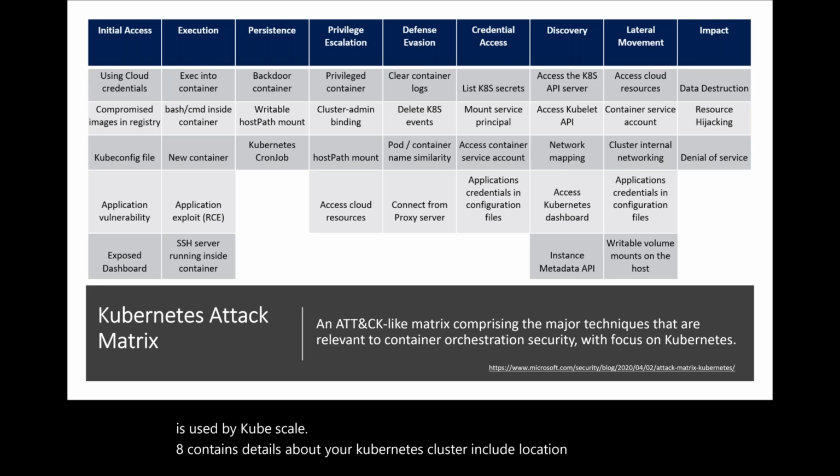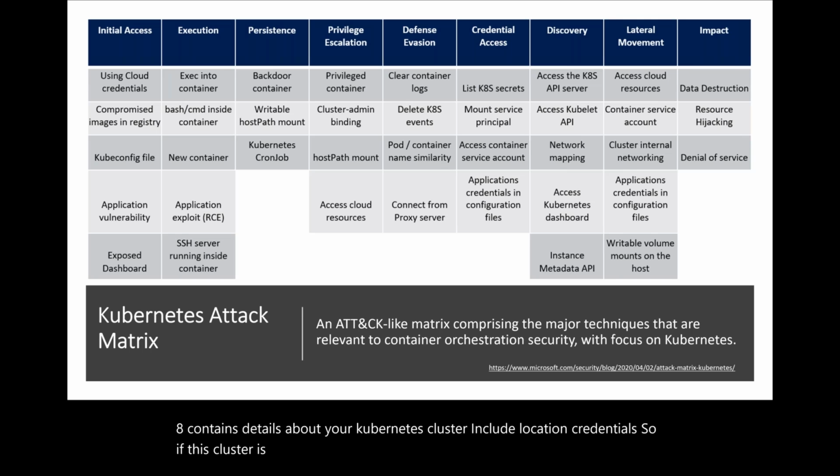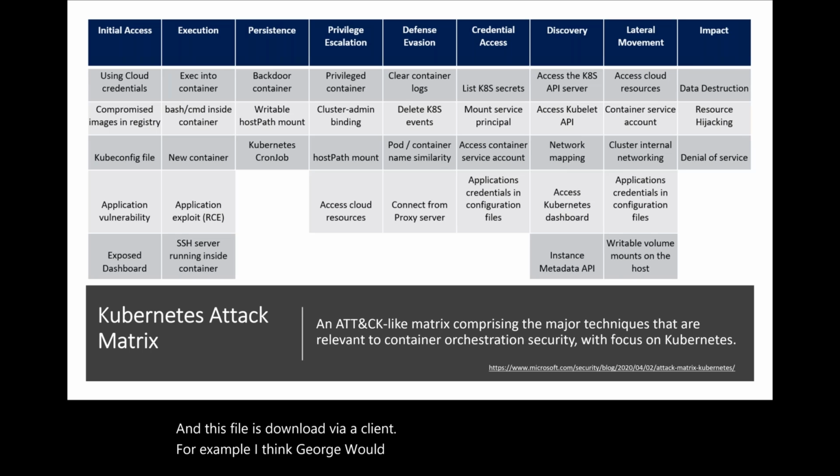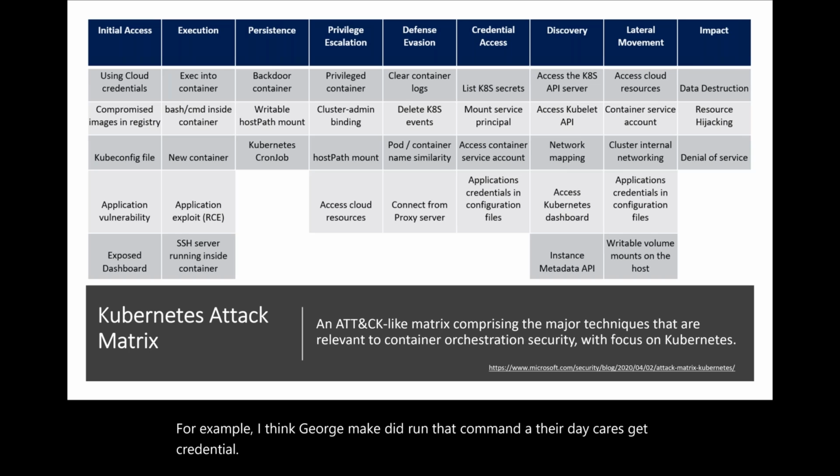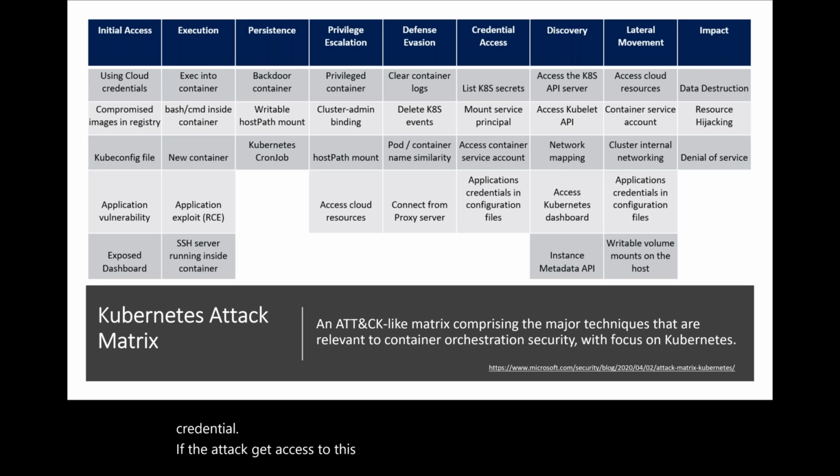If this cluster is hosted, for example, in AKS, and this file is downloaded via a client, for example, I think George ran that command, like az aks get-credentials. If the attacker gets access to this file, they can actually get access to the cluster and compromise it.